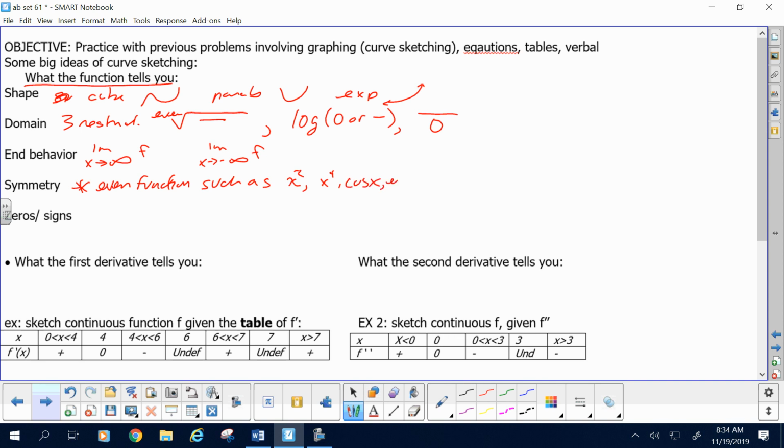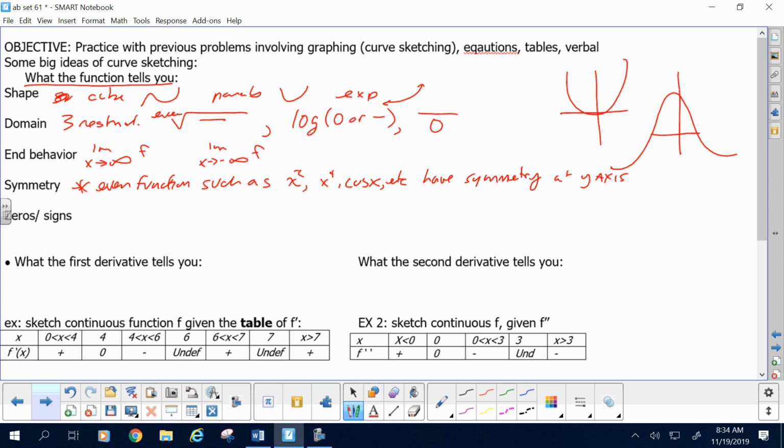Cosine, etc. have symmetry where? If you think about all these, they are symmetric about the y-axis. Okay? That actually doubles your graphing ability. If you know the right side, then you'll know the left side.